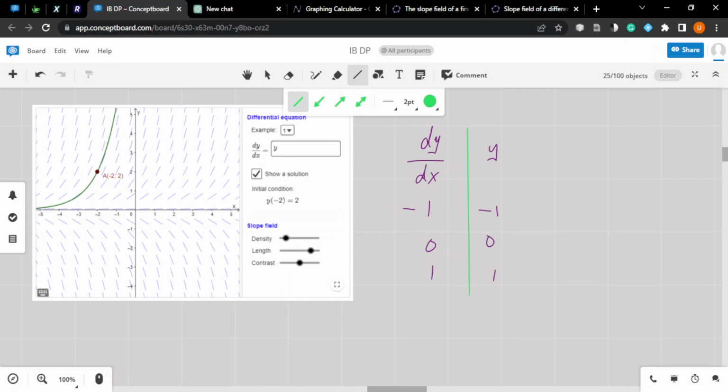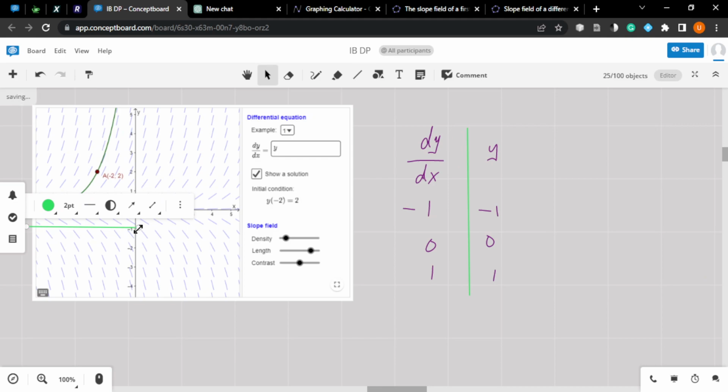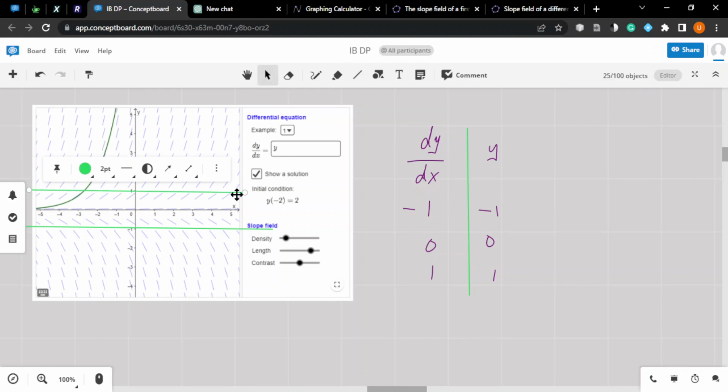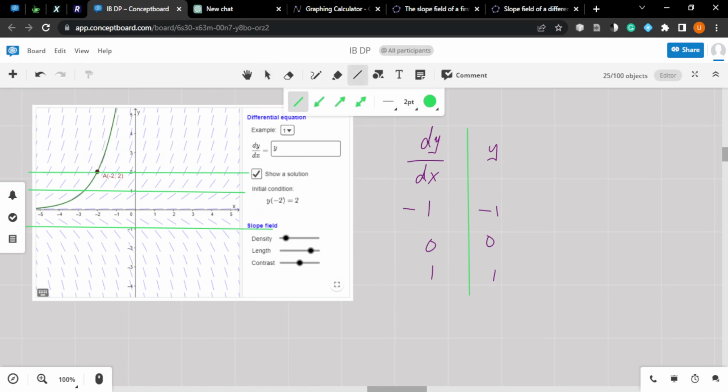See, if I change the density and the length, their position would change. Now you can see that at minus 1 their gradients are negative. At positive 1 their gradients are positive 1. Similarly, at positive 2 the gradients are positive 2, and at negative 2 the gradients are negative 2.